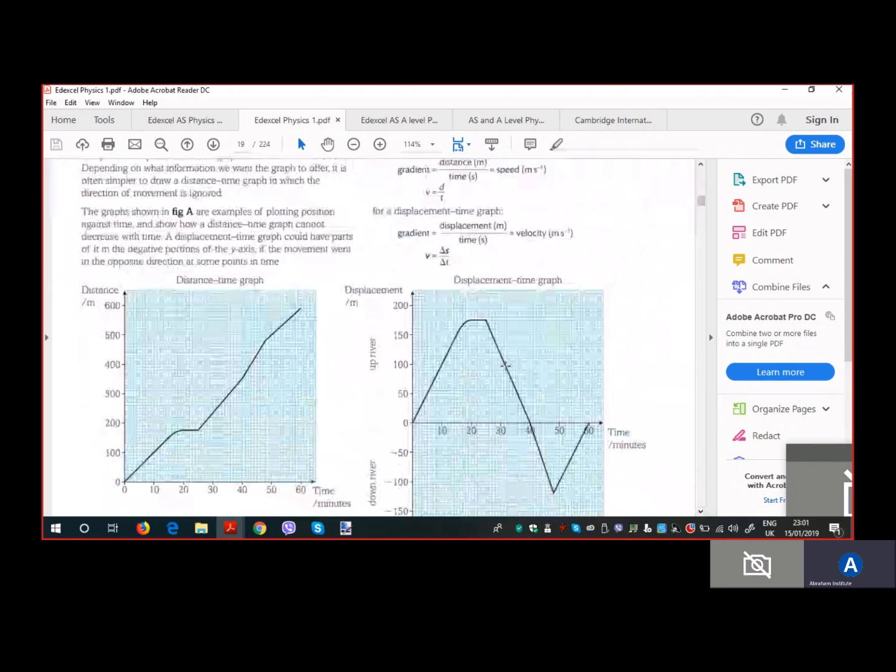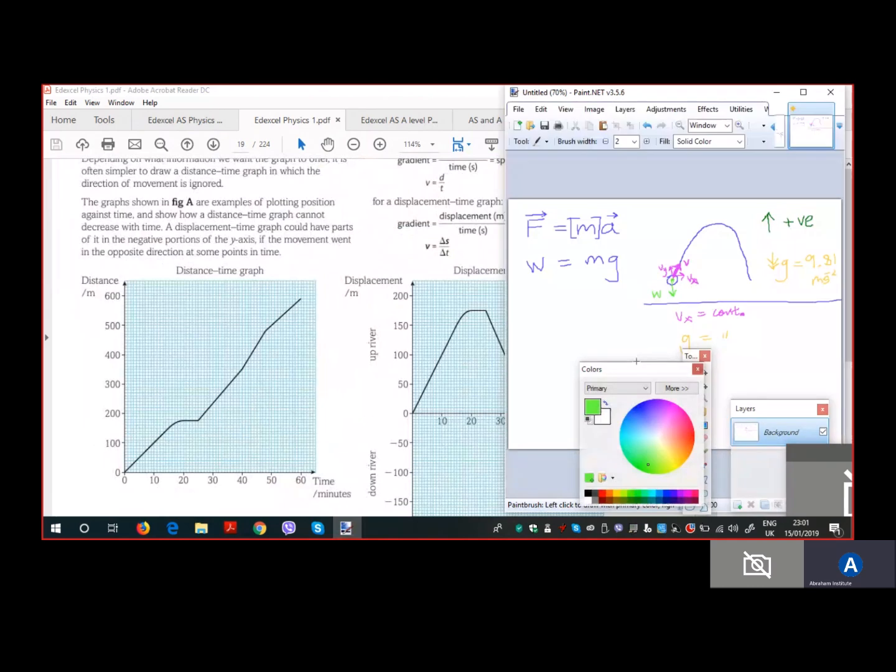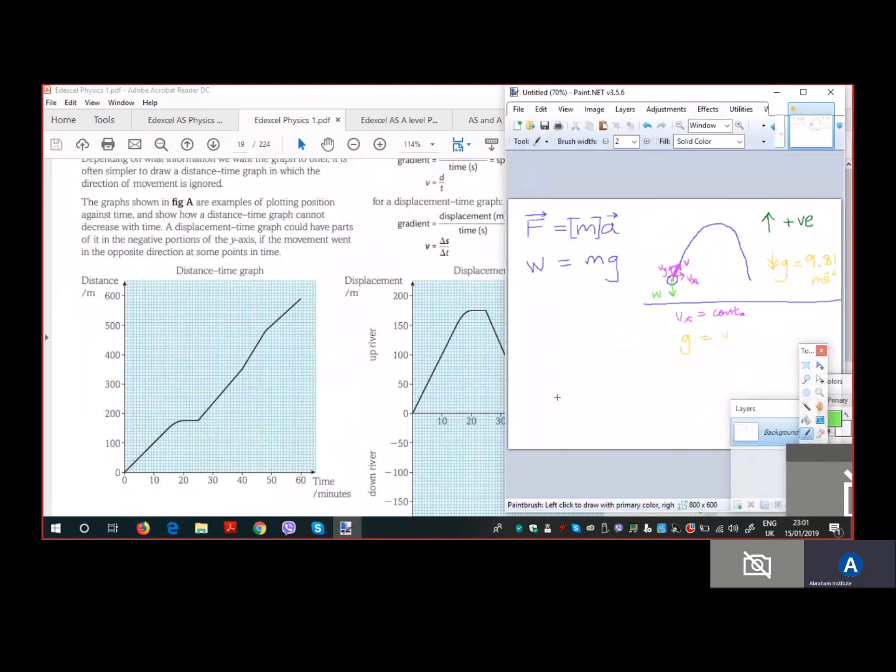Can you see here, displacement positive, then after that displacement negative. So what this means is something like this. Imagine an object started at this point, over here, and it goes this way.